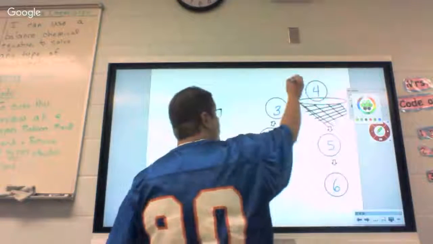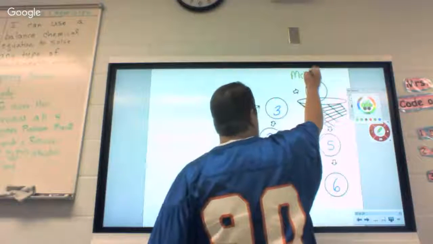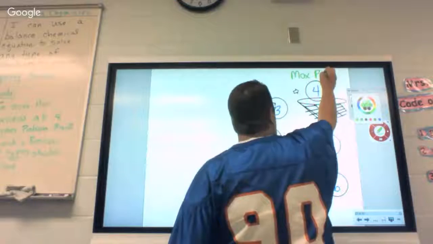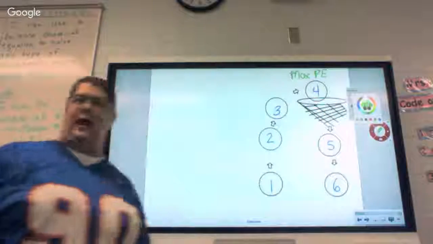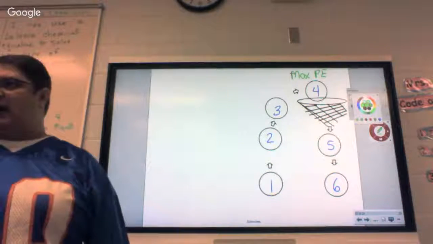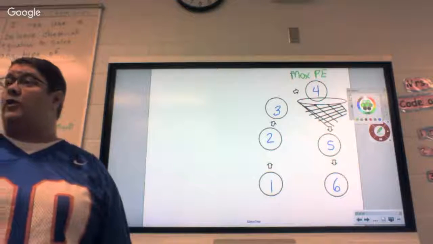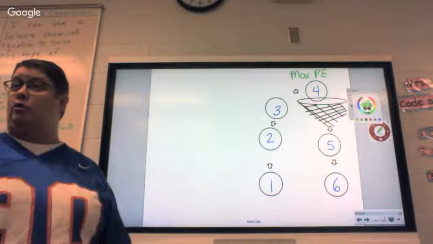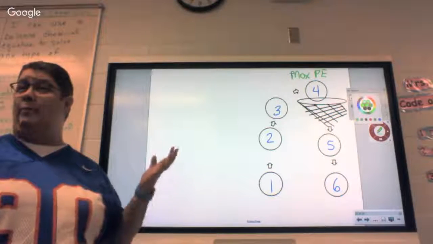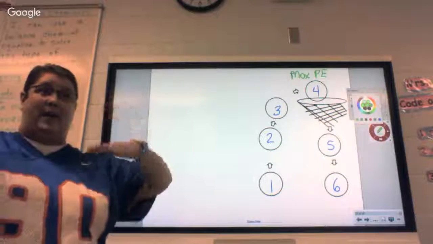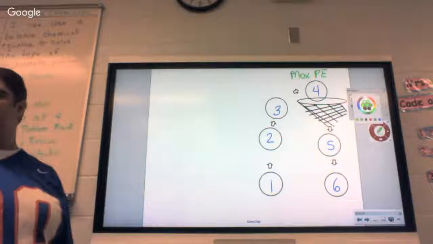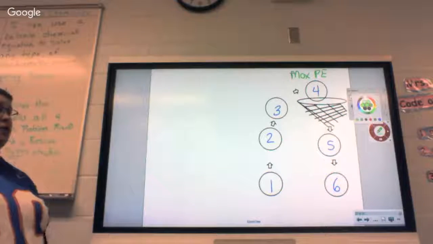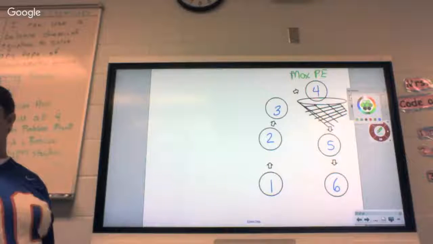The maximum potential energy is at 4 because you're looking for the greatest height. You're going to have to measure these or find numbers that go with them on the roller coasters on the lab Monday. You're going to have to find matching numbers on the simulation. Does everybody understand how to find most potential energy?